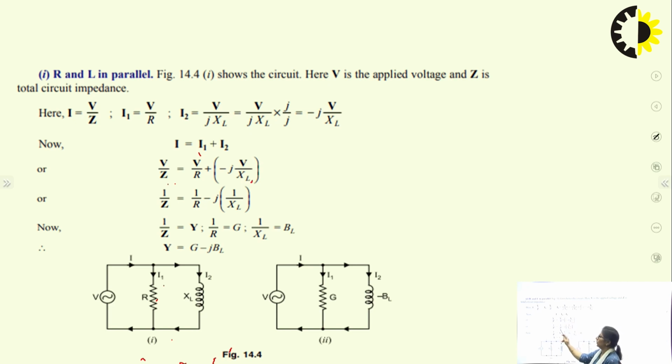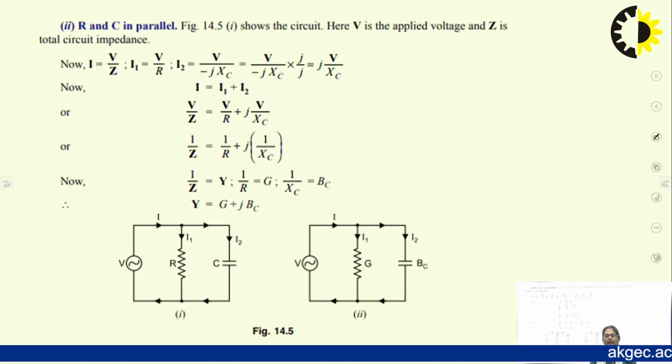That is 1 upon R minus J 1 upon XL. So, 1 upon Z is nothing but Y. 1 upon R gives me G, the conductance, and 1 upon XL gives me susceptance, that too inductive susceptance. So, Y in total gets me G minus JBL, conductance minus J of inductive susceptance.